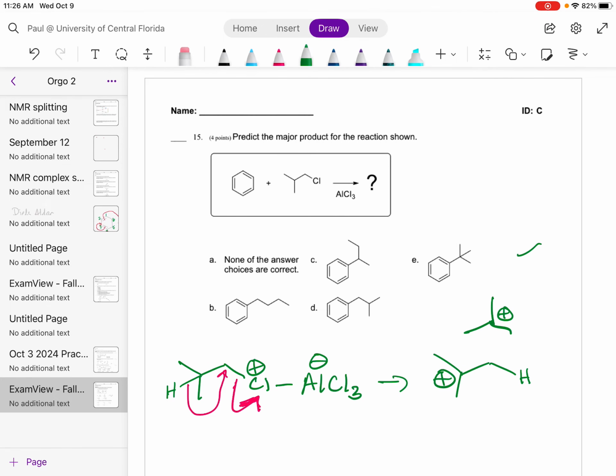And then the benzene ring right there is going to react with that carbocation. So our substituent has to be a tert-butyl, which is that guy right there. So 15 is going to be answer E.